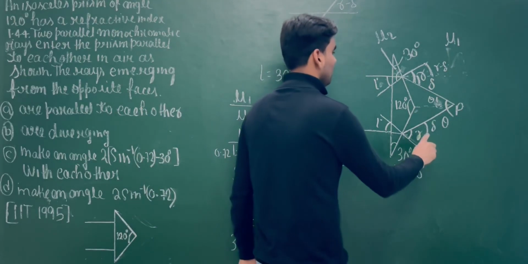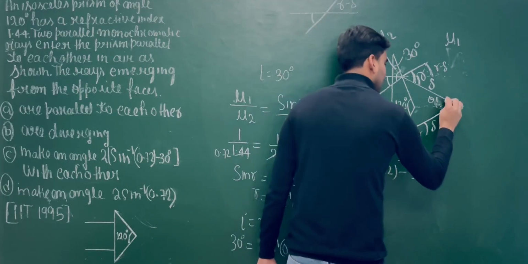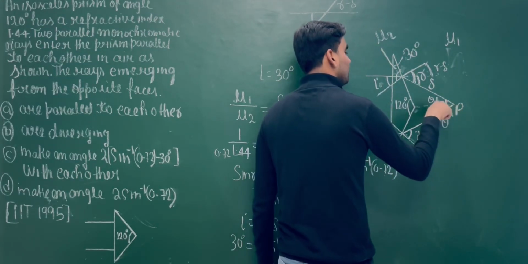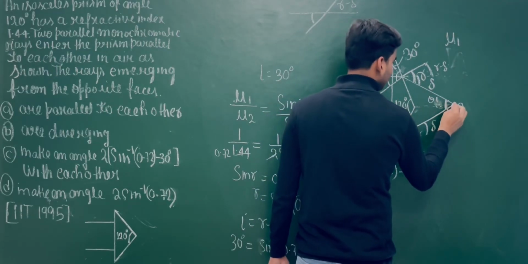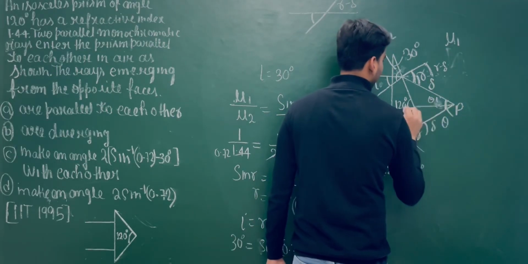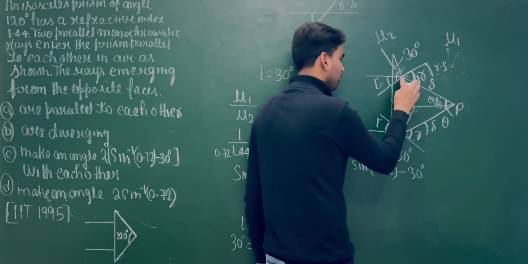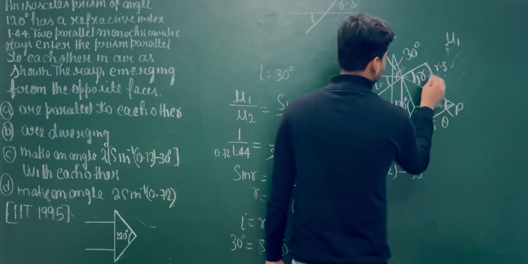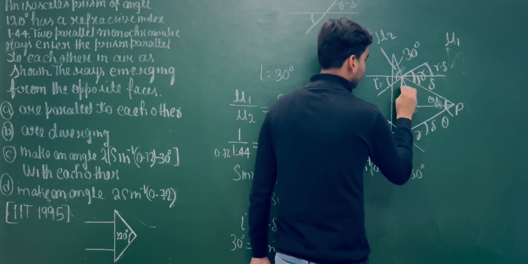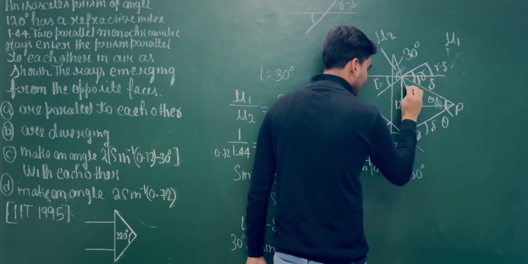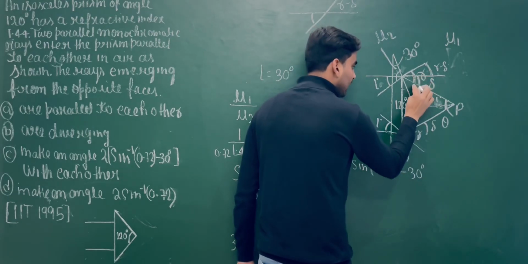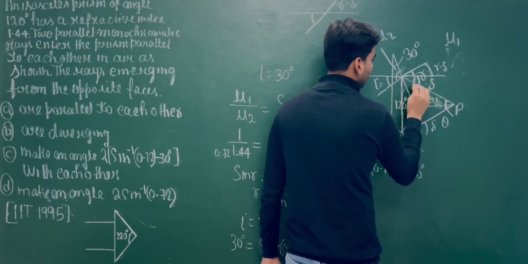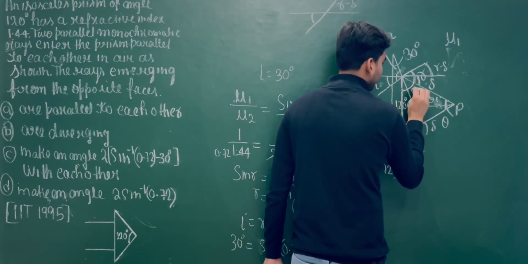But again, we have to find the angle between these emerging rays. We have this angle as theta. Let me join these two points. In this triangle, this complete angle is 90 and this is delta, so this much will be 90 minus delta.